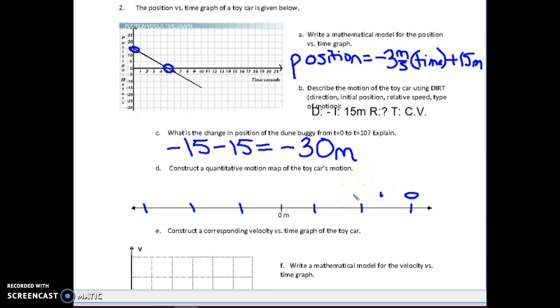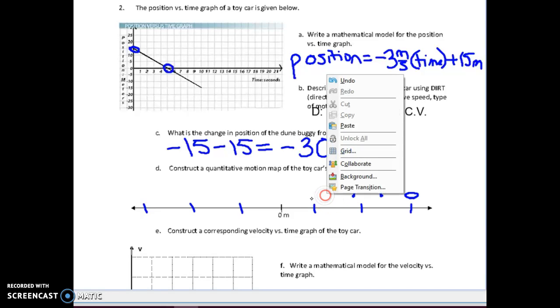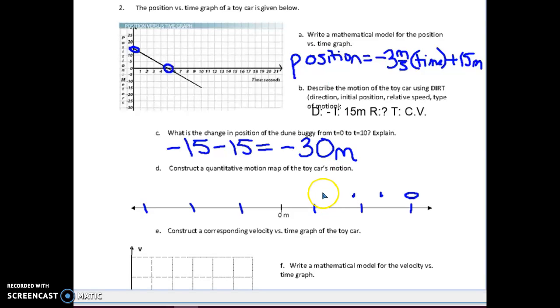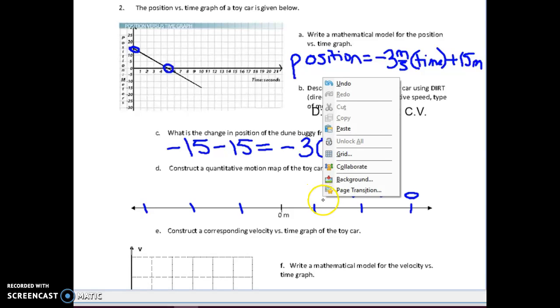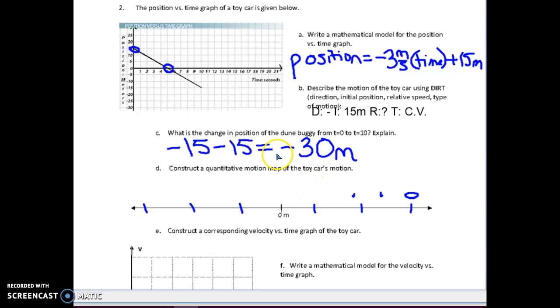Another second later, it moved 3 meters, so I'm going to move it to 9, 6, position 6.